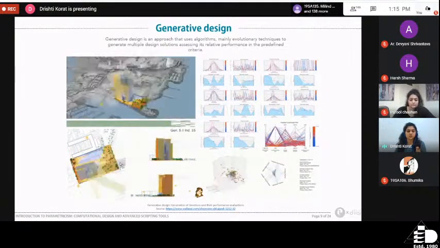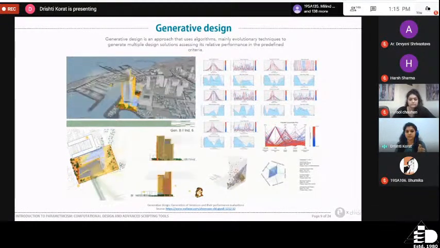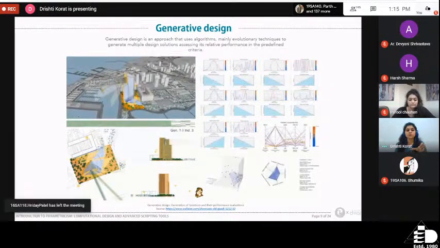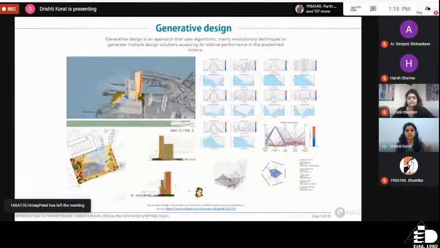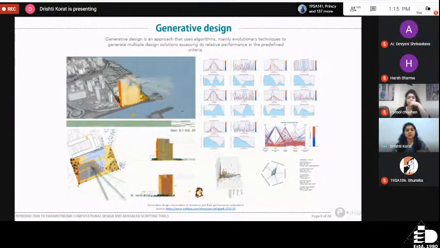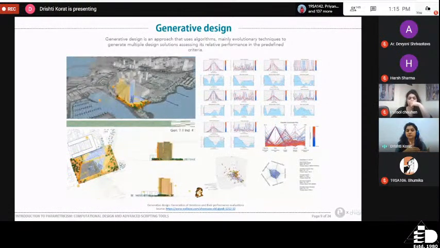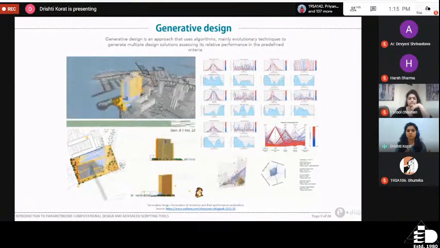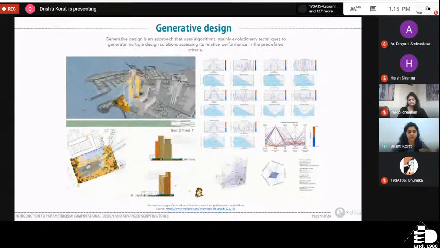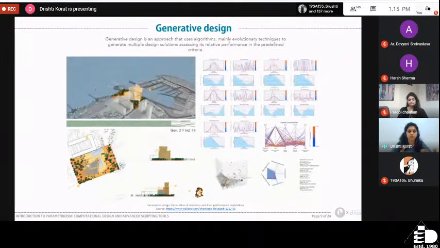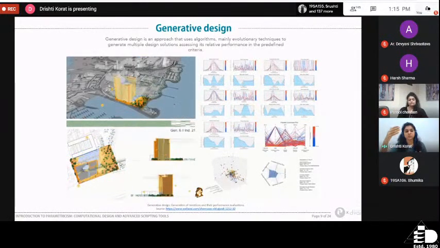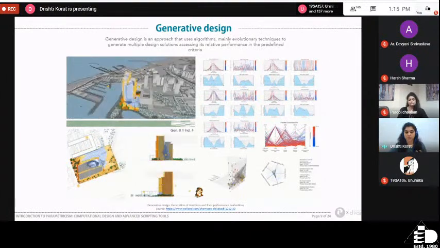What we can see here, for example, is a building complex, and this designer has used generative design tools to create hundreds and thousands of variations of it. For him, the fitness criteria are light, shadow, and visibility. The yellow portion that you see is the amount of sunlight that the building receives, and the blue portion is the shadow that this particular form is casting.